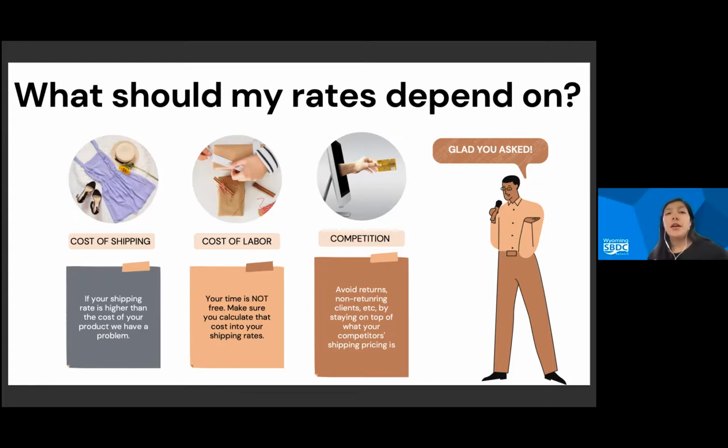So you figure out that cost, you include how much time it takes you to pack, gather all the items in the order, pack it, and print your label and get it out the door. Or if you're dropping them off, you have to consider all those things in the cost of your shipping.